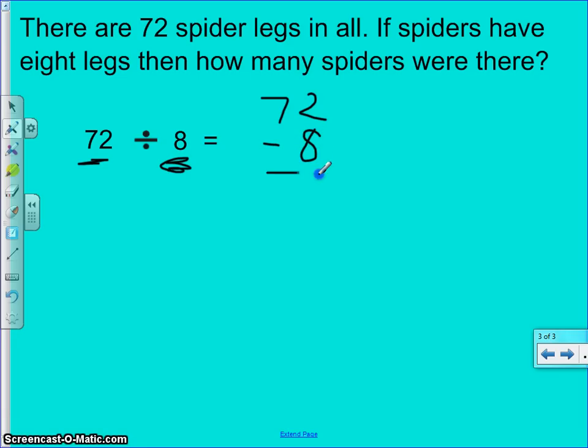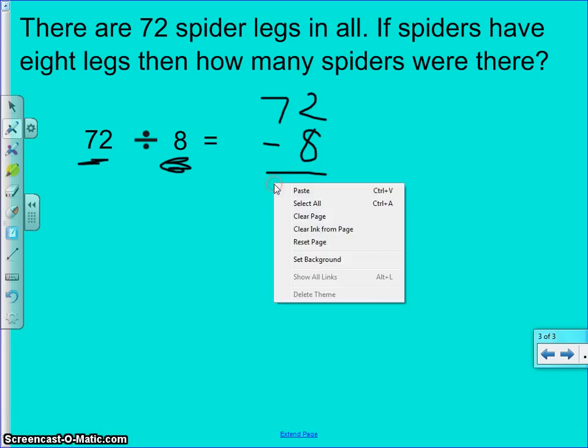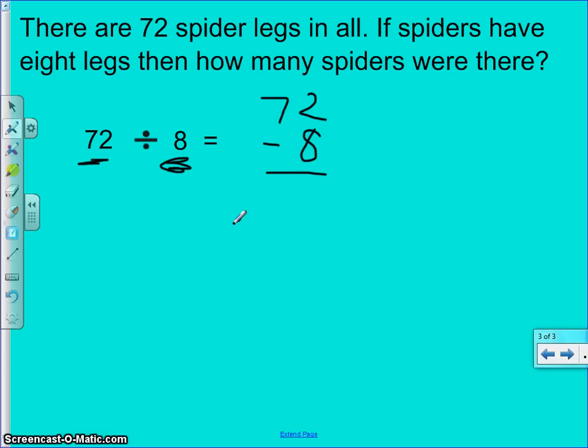So 72 minus 8 is going to give me 64. Okay, so that's one time that I subtracted 8. Now 64 minus 8 is going to give me 56.